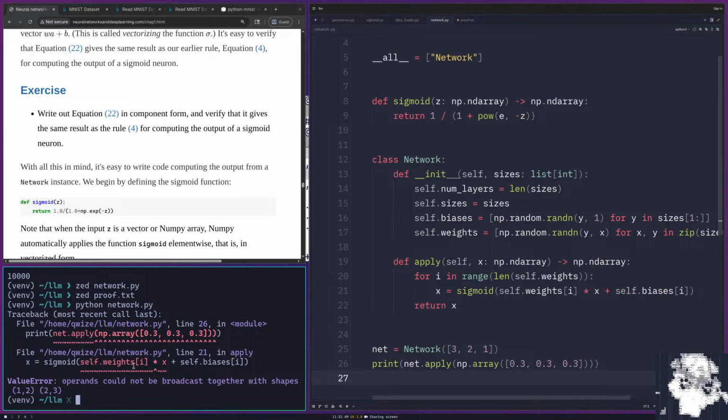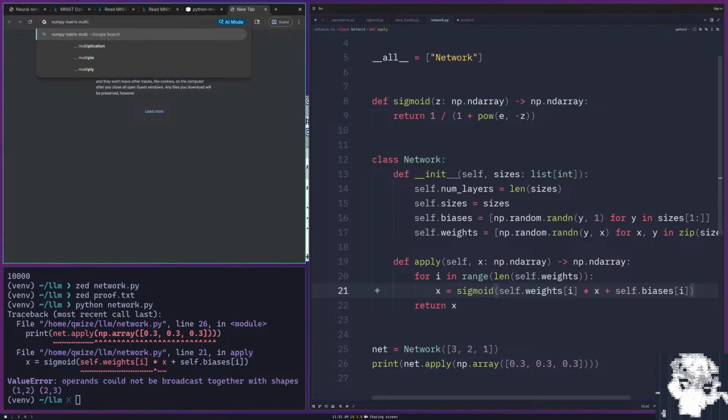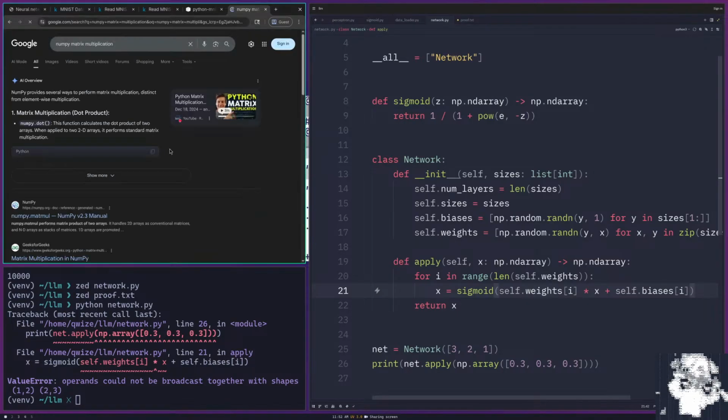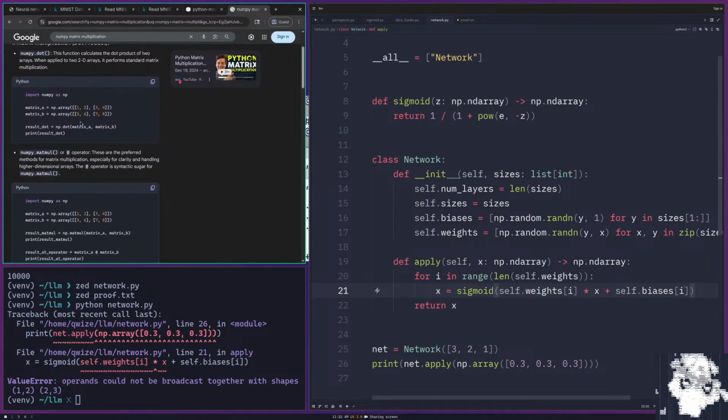Okay. So I'm trying to do a matrix multiplication here. NumPy matrix multiplication. Matmul or the at operator.